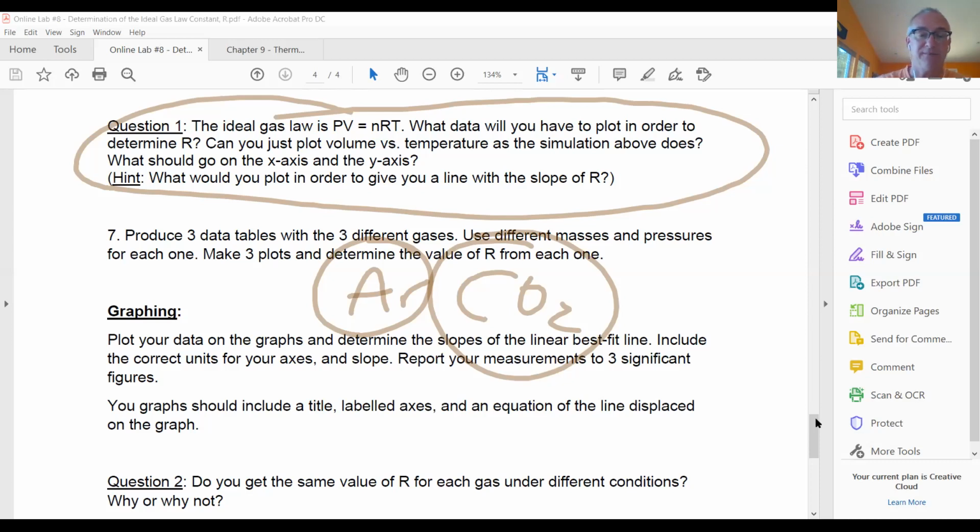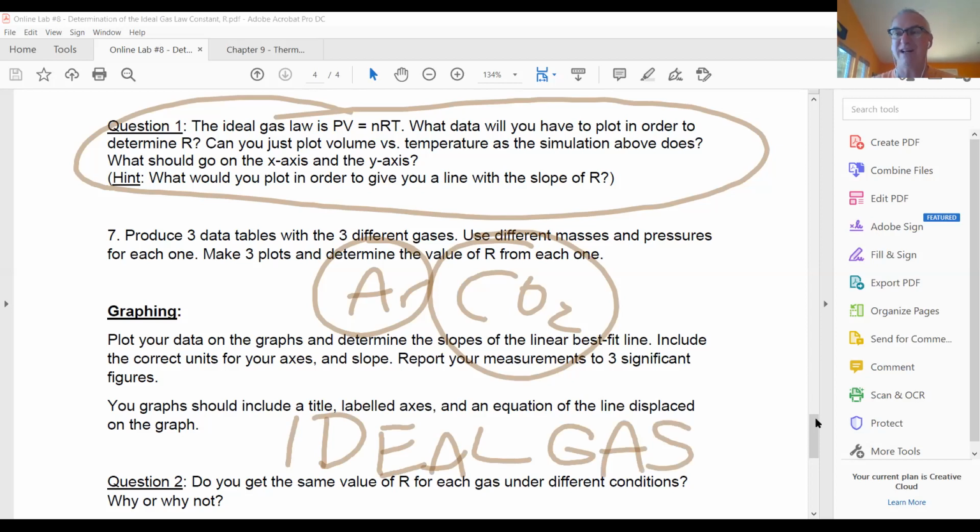And the reason is, what we're dealing with is something called the ideal gas law. What's an ideal gas? Do you remember from our lecture what an ideal gas is? We haven't really got to what a non-ideal gas is. What's an ideal gas?